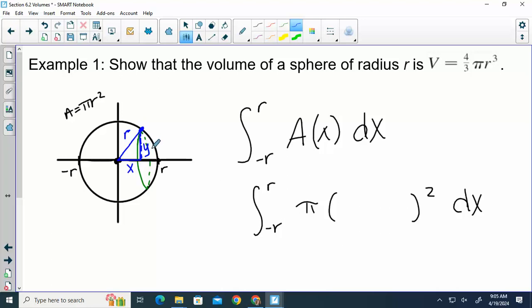So if I wanted to solve for that, we know in a right triangle, a squared plus b squared equals c squared. The radius of my cross section is the height y, so if I solve for that, y would be the square root, just a positive, if we're talking about the radius it would be positive, of r squared minus x squared.